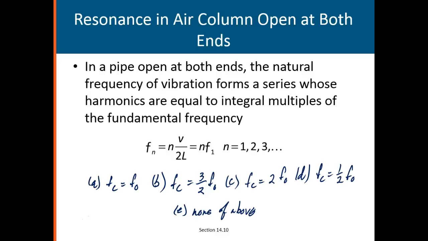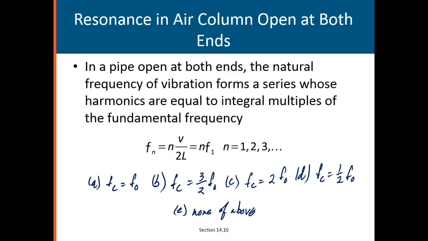Now, what we're looking at here, this one right here, happens to be F open. This is open at both ends. And this is the fundamental, right? Fundamental frequency. That's an F sub O, this one here.